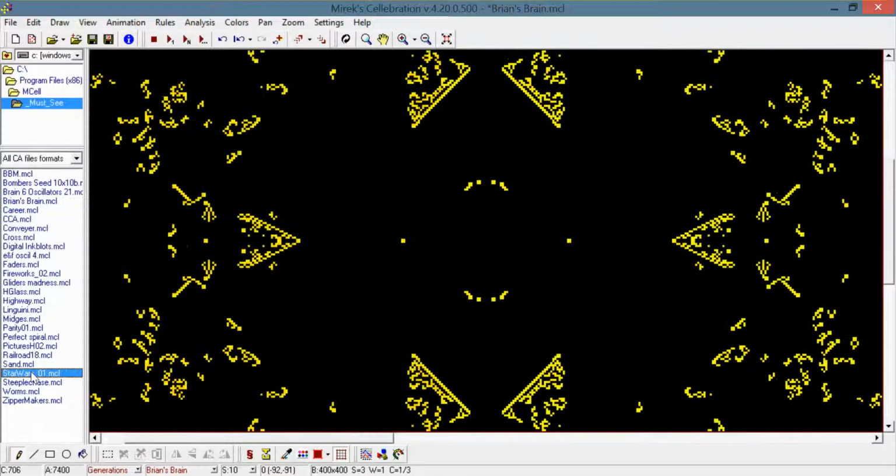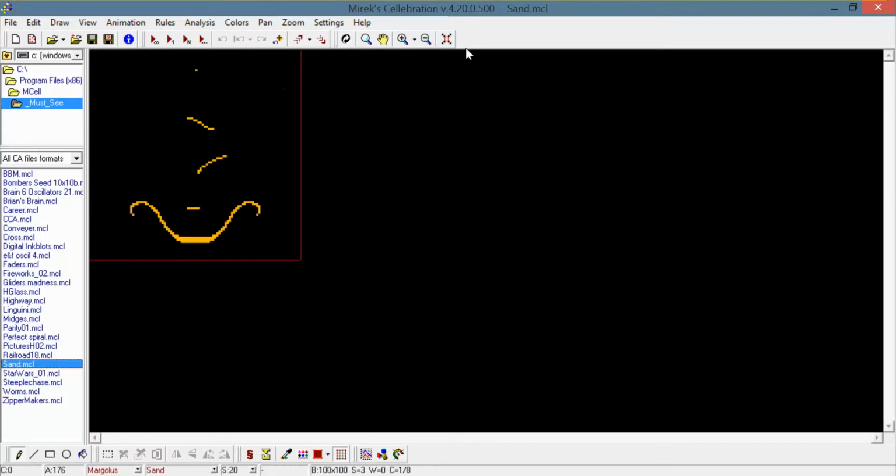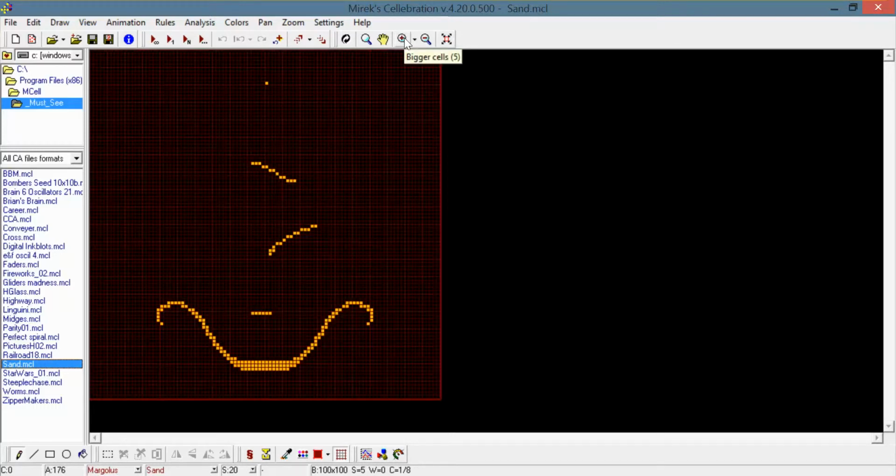We can also look at, say, something like this. CAs similar to this are actually used in the real world. We can run this. So this is just a simulation basically of sand landing on different shaped objects.